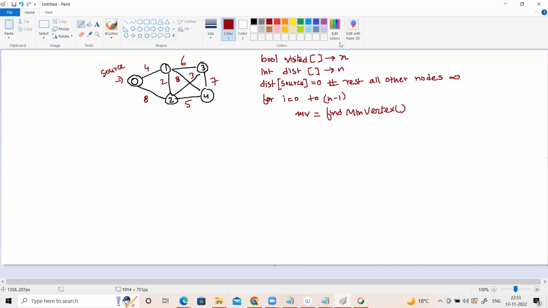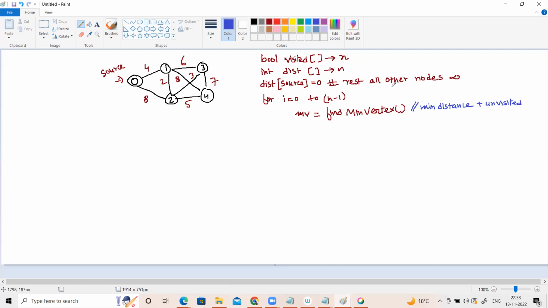What do we mean by this min vertex? It is the one which has the minimum distance, and not only that, it should be an unvisited node too, right?